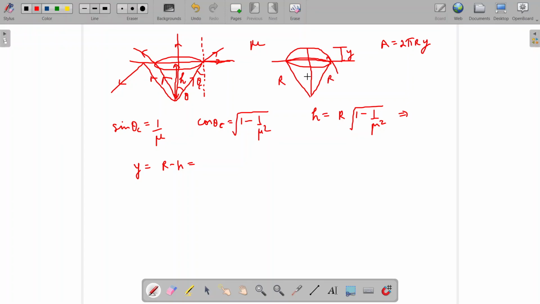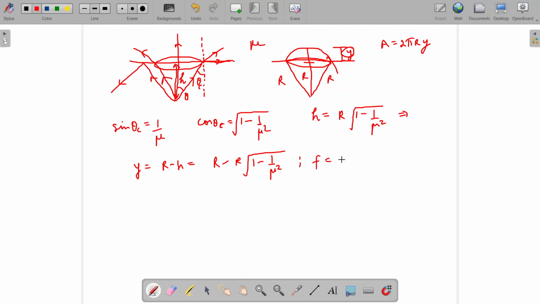So this is r and this also is r. So r minus this particular height, this would give me the difference of the height y. So r minus h is y. So r minus r under root 1 minus 1 by mu square. This is the distance y.